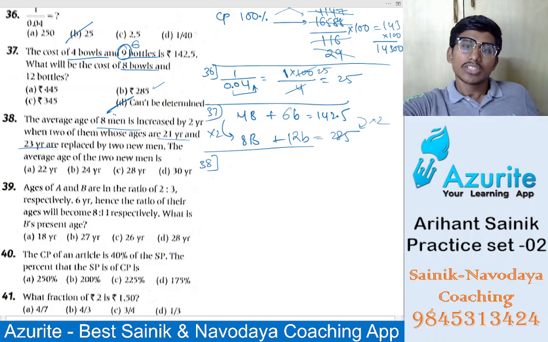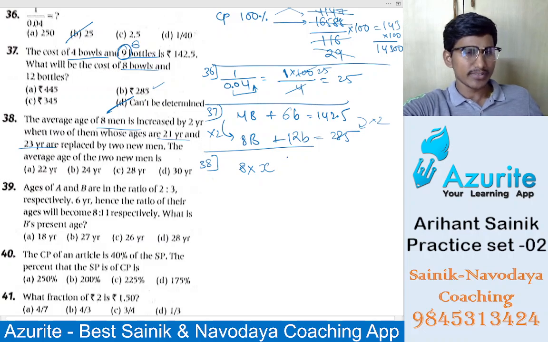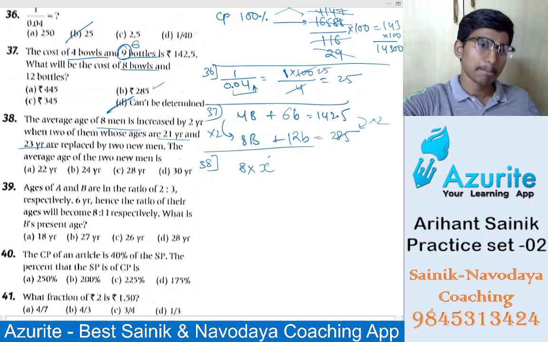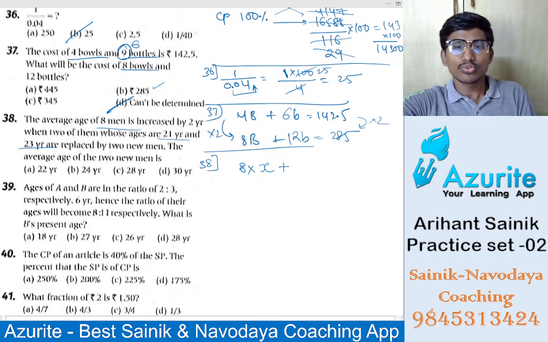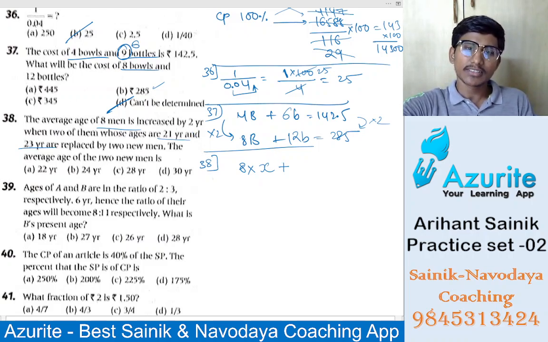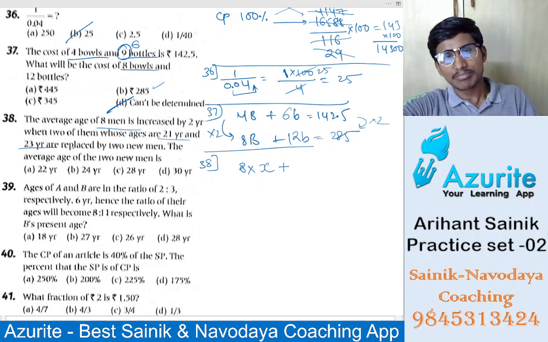So now there are 8 men in total. Average, let's take first x. 8 into x, that is the sum. Plus, the men whose ages are 21 years and 23 years are replaced by 2 new men.